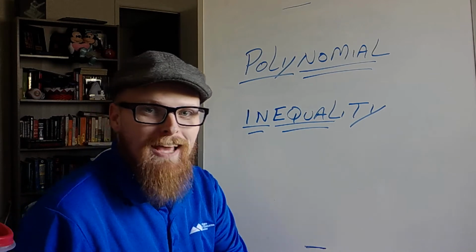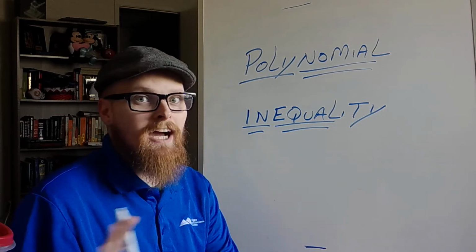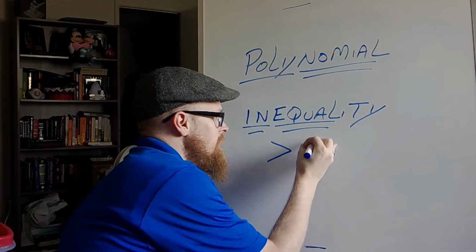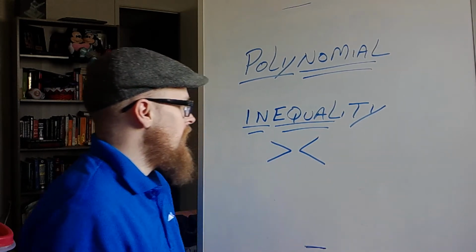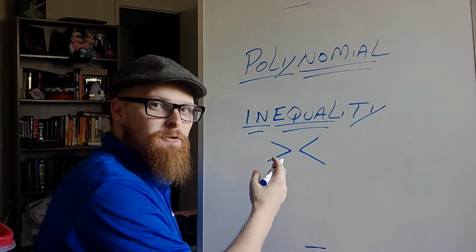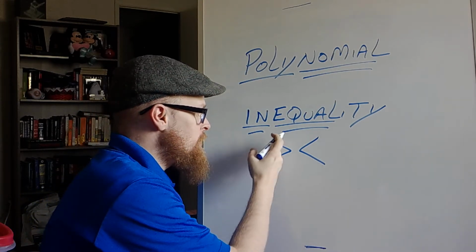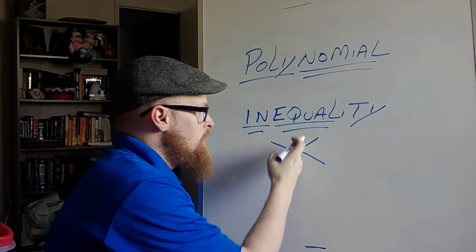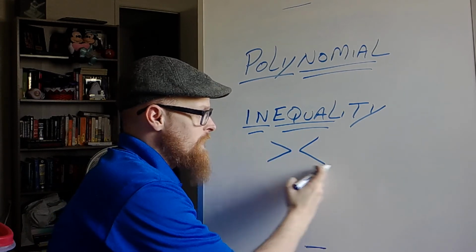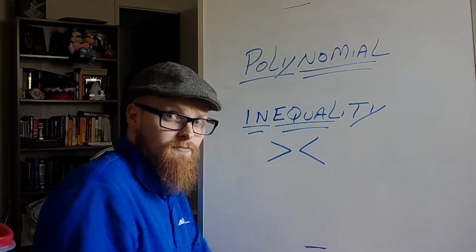So an inequality has those. I know you've seen these before if you've done any kind of math. They teach these really early. These are your alligators. That's how I was taught, anyways. Your alligator always eats your bigger number, right? But you read it from left to right. So it would be this number is greater than, right? It's eating the bigger number, whatever's on this side. This one is, this number is less than, just ignoring it, whatever's on this side.